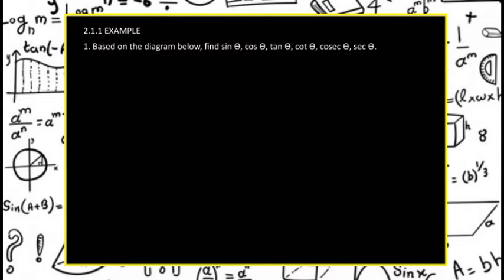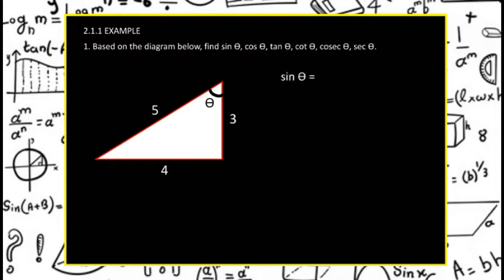2.1.1 Example. Based on the diagram below, find sine theta, cos theta, tangent theta, cotangent theta, cosecant theta and secant theta. Sine theta equals opposite over hypotenuse.